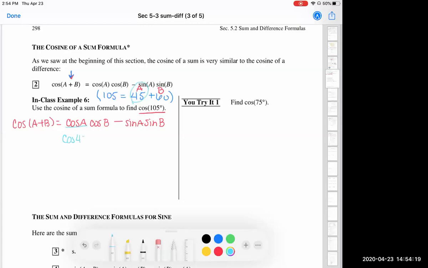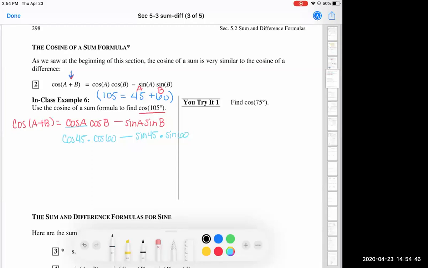The cosine of 45 times, all right, what is my B? My B is 60, times cosine of 60, minus sine of A, what is A? 45. Sine of 45 times sine of B, and that is 60.